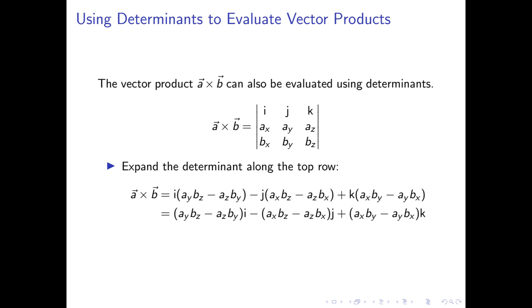If you have 3 dimensions, you're going to be having the ijk, right? Let me write it out. For a vector A, you have A1 i plus A2 j. This is the component representation, plus A3 k, right? This will be your A.